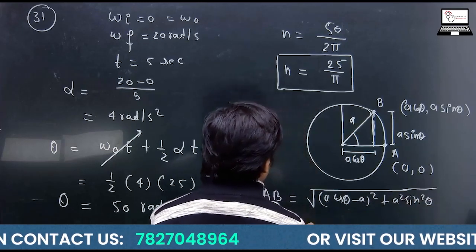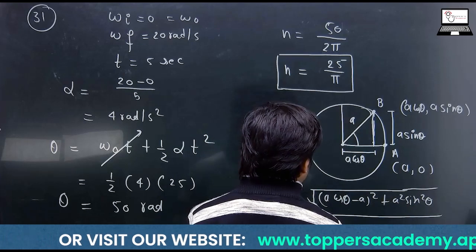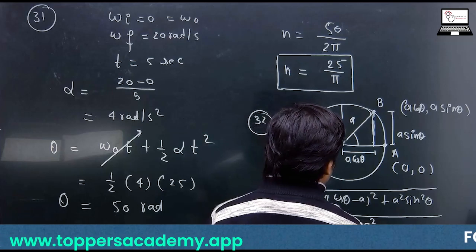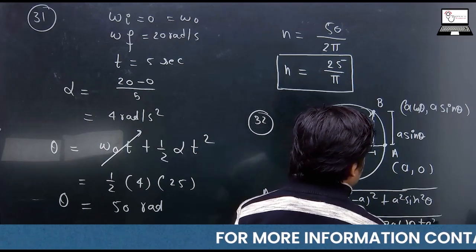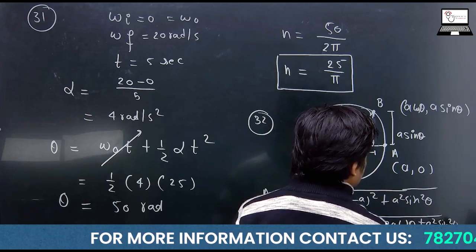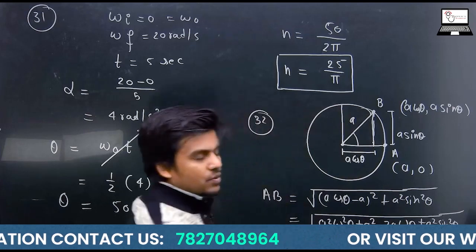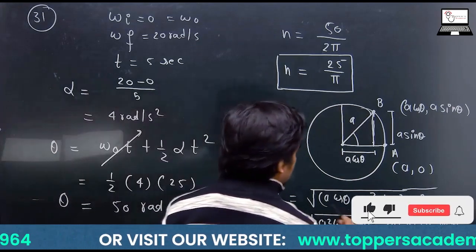Open this bracket. What will you get? You will get a squared cos squared theta plus a squared minus 2a squared cos theta plus a squared sin squared theta. Now a squared cos squared theta plus a squared sin squared theta is a squared. A squared plus a squared is 2a squared.